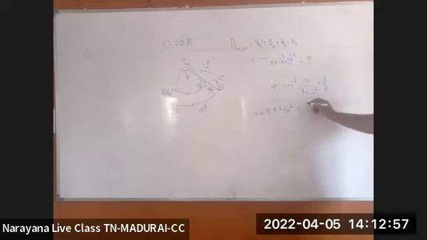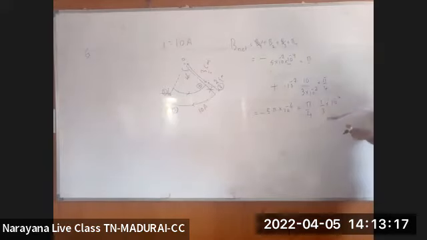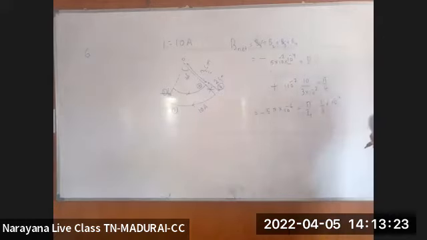So here 1 by 4 will come and 5 also will come and how much? 1 by 3 into 10 power minus 7 plus 1 and plus 2. Here also what will happen? 10 power minus 4 will come and 1 by 12. As per the option, you have to convert to decimal.